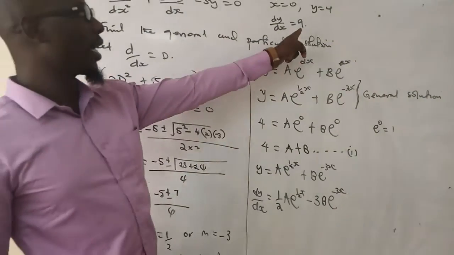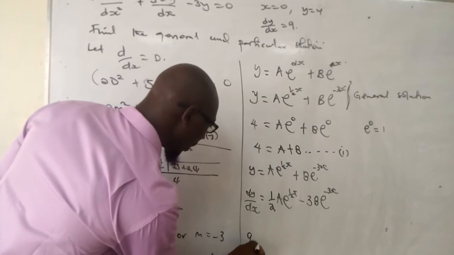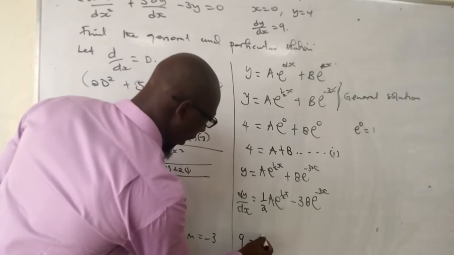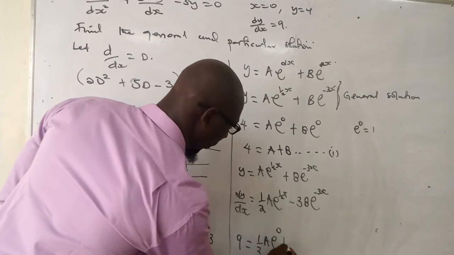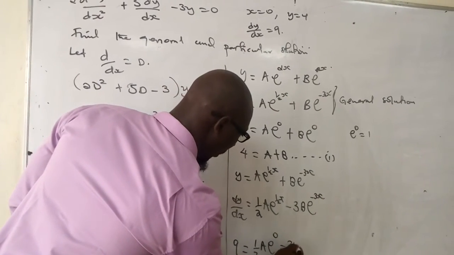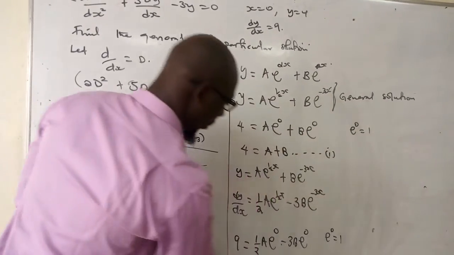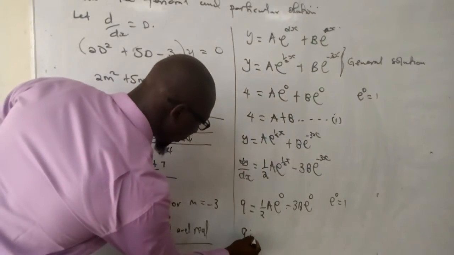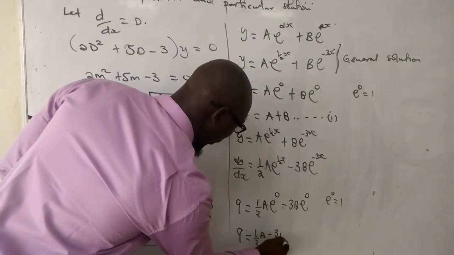And we know that dy dx is equal to 9 when x is equal to 0. So you replace here with 9 is equal to a half a exponential of 0 minus 3b exponential of 0. Still, exponential of 0 is 1. So we get that 9 is equal to a half a minus 3b.